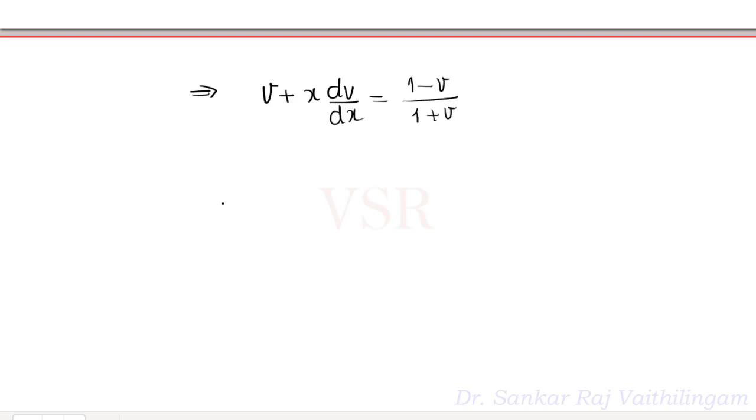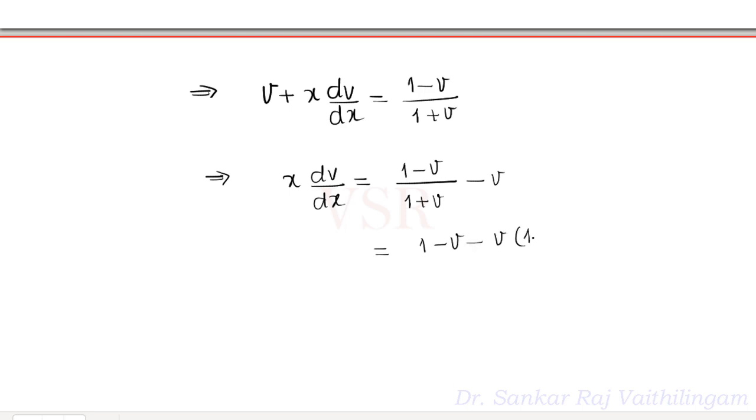This implies that x into dv by dx is equal to 1 minus v divided by 1 plus v minus v. What we are having is 1 minus v minus v times 1 plus v, divided by 1 plus v.